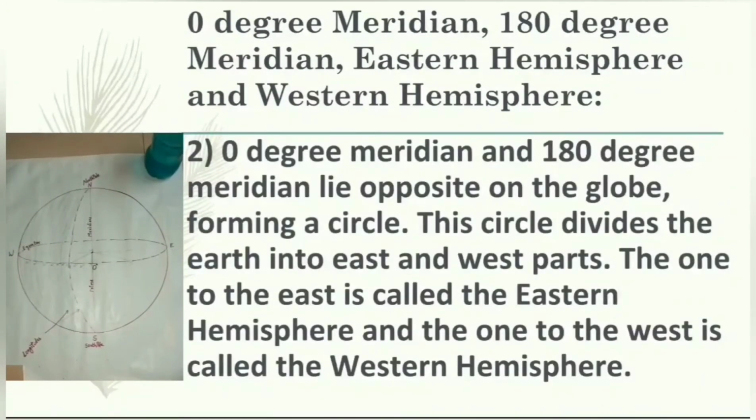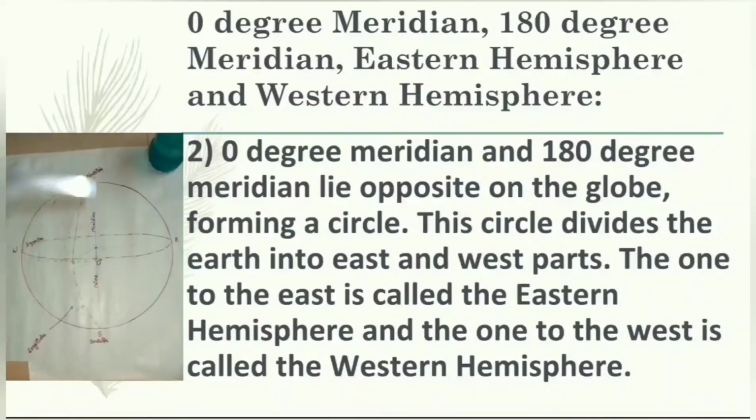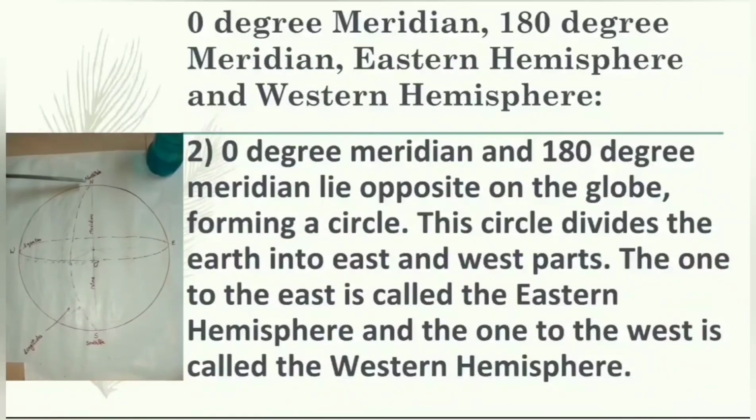Now the next, second point. Here is the 0 degree meridian and the 180 degree meridian. The 180 degree meridian lies opposite on the globe. Means if here is 0 degree, on the opposite side, the back side, will be the 180 degree meridian, forming a circle.